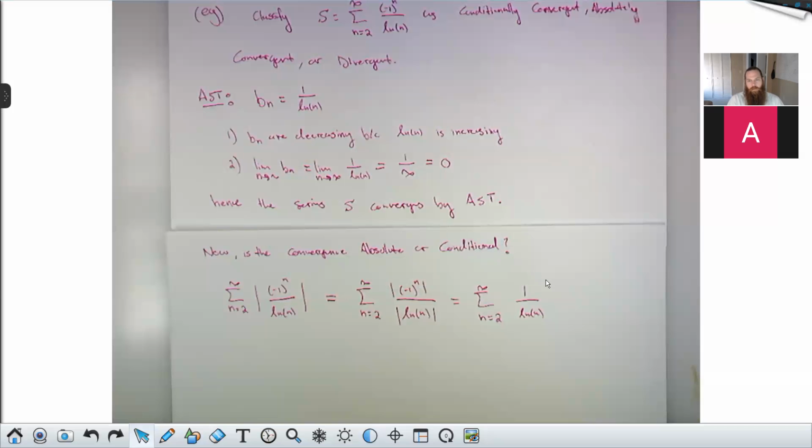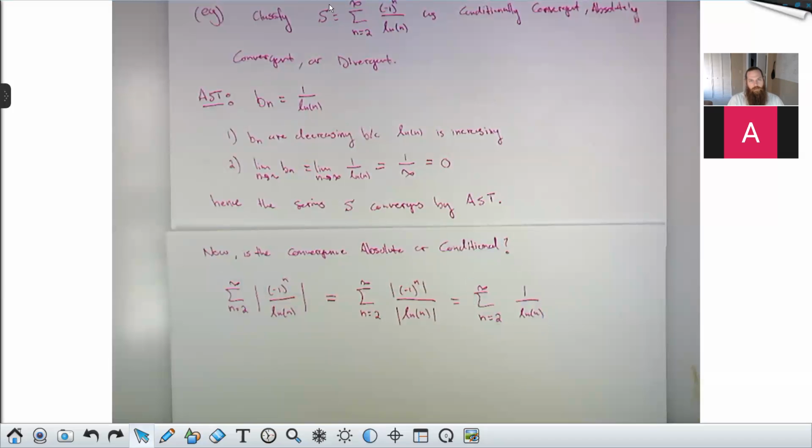Maggie's correct. If this series were to converge, then we would say that the original series, S, is absolutely convergent, because when we replaced the inside by its absolute value, we got something that still converged. What if this series were to diverge?